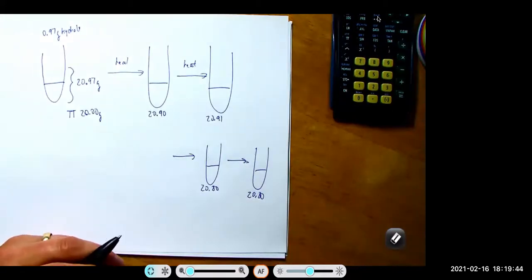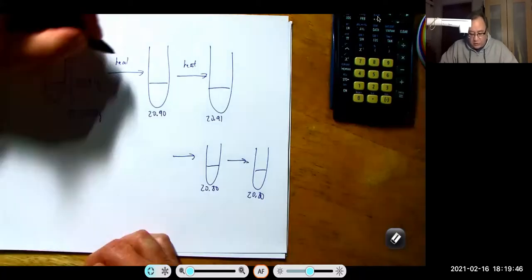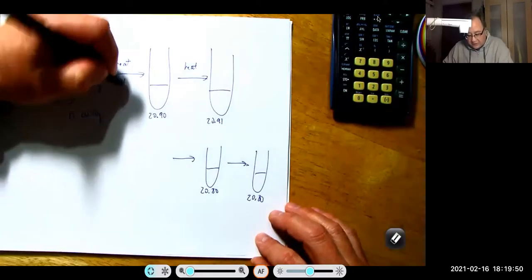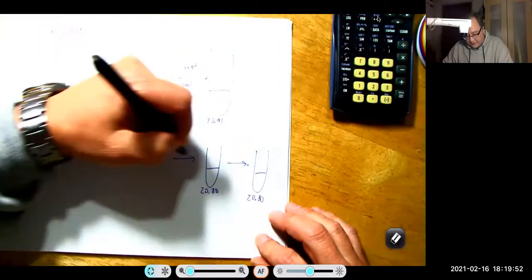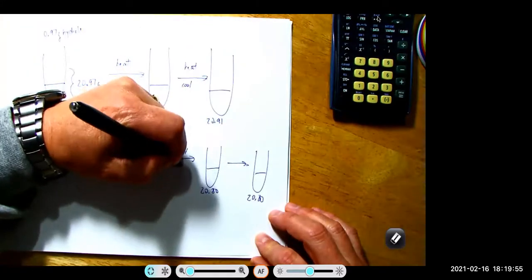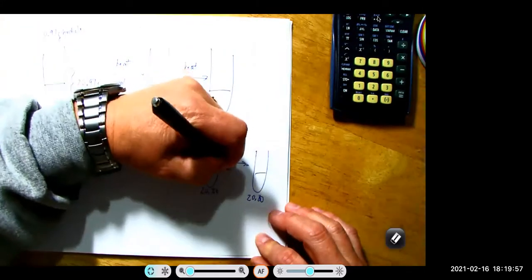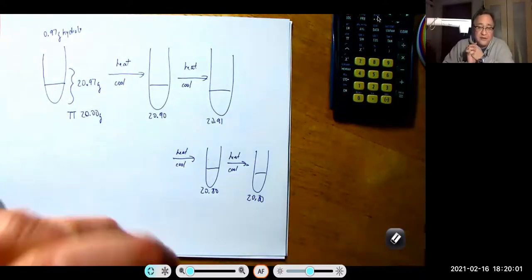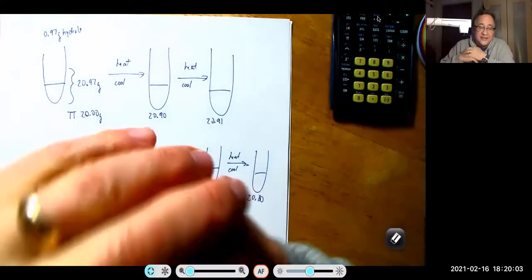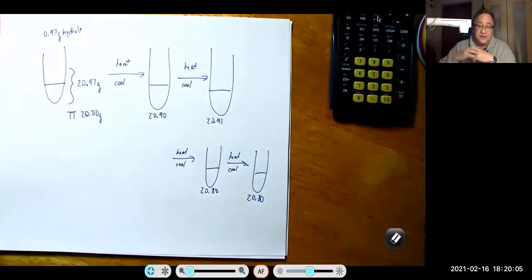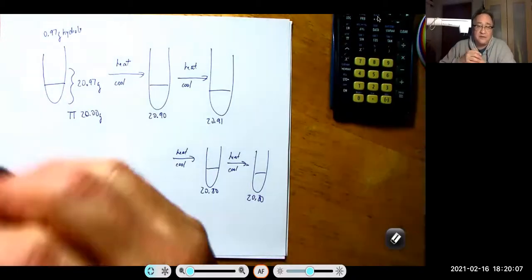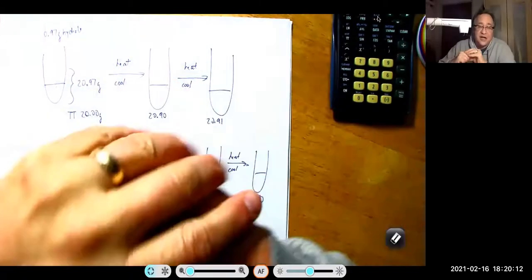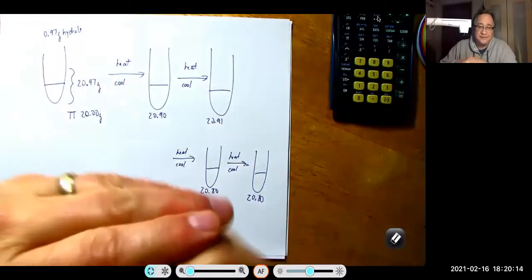Okay. So the important things are when you heat it and cool it and heat it and cool it, you need to let it cool down until you can handle it comfortably. If you can't handle it comfortably, it's too hot to weigh for two reasons. It could damage your balance or your scale, and that's the less significant reason. The more significant reason is you could burn yourself. And then another significant reason is that hot things weigh less than cold things.